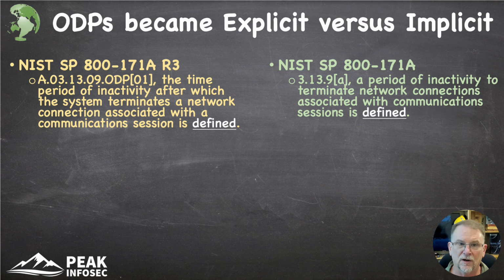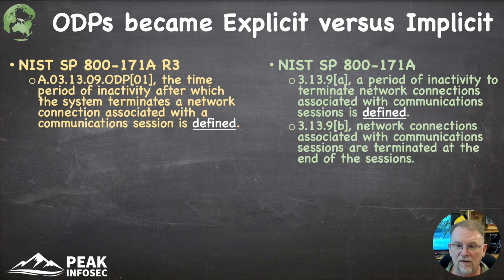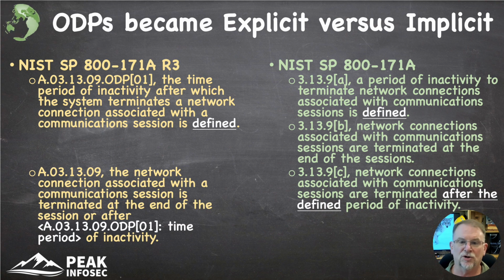The way this works is that Bravo was a requirement that existed in 171A Rev 1, but they merged that Bravo and Charlie into what is now 800-171 Rev 3, A.03.13.09.